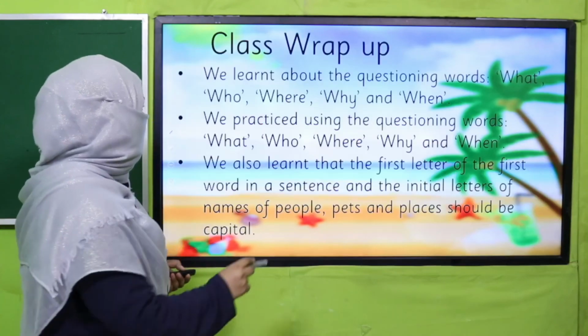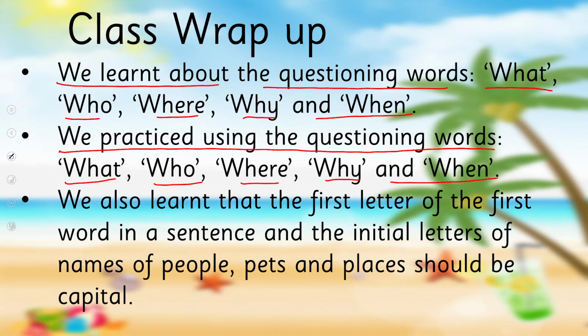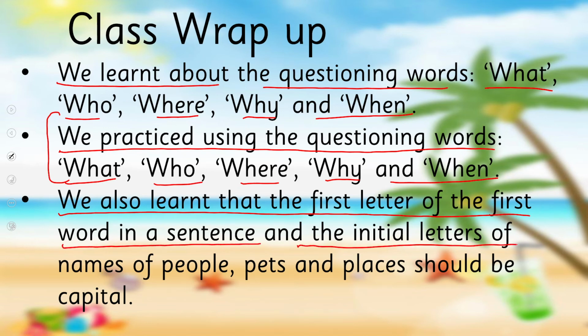And what we have learned today, we learned about the question words, what, who, where, why, and when. And we practiced using question words, what, who, where, why, and when. And we also practiced to answer these questions. We also learned the first letter of the first word in a sentence and the initial letters of names of people, pets, and places should be capital.